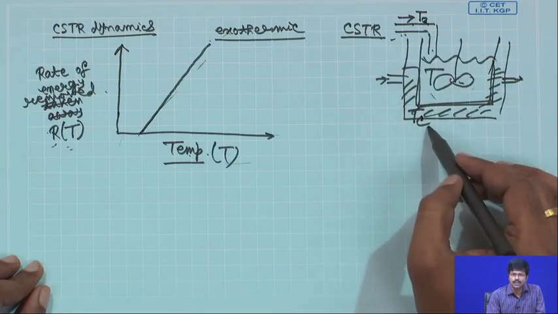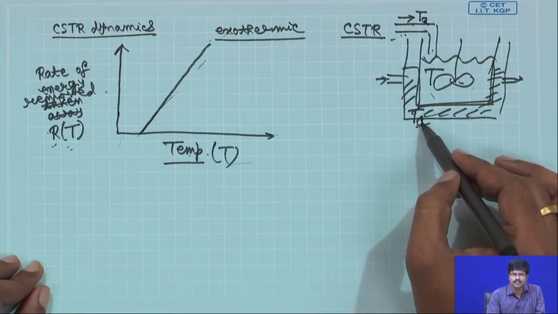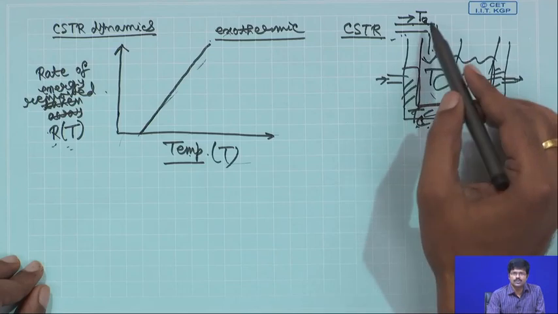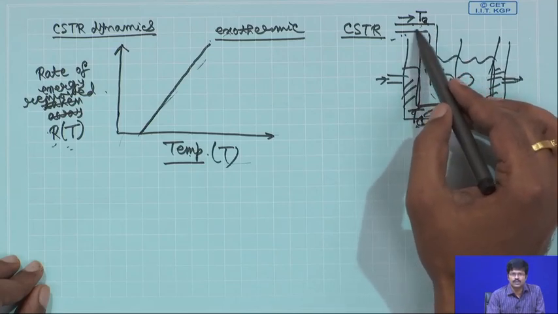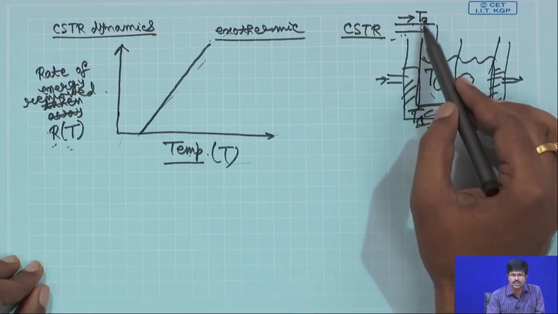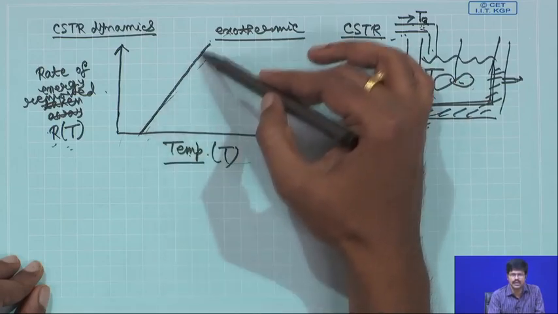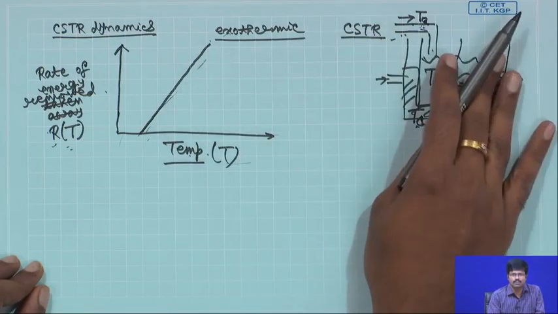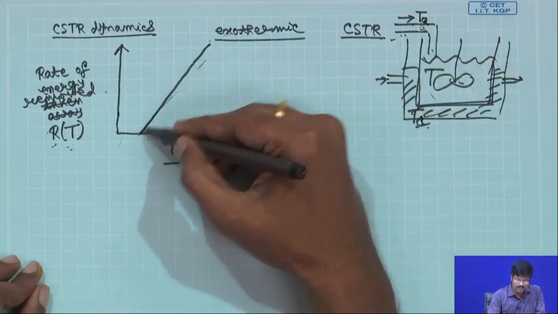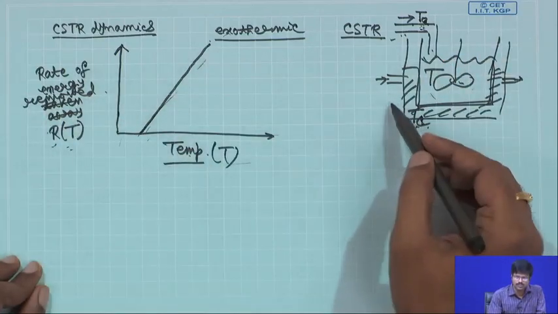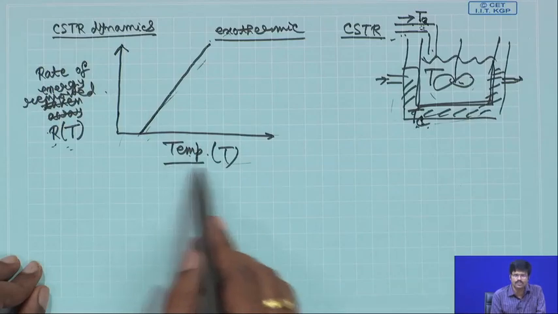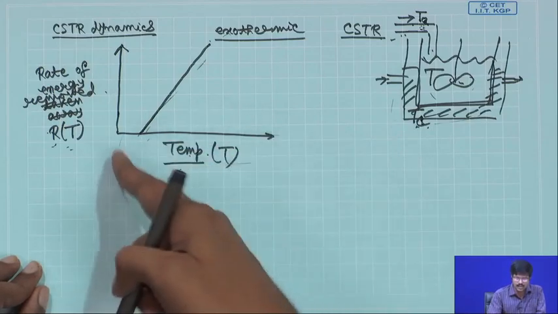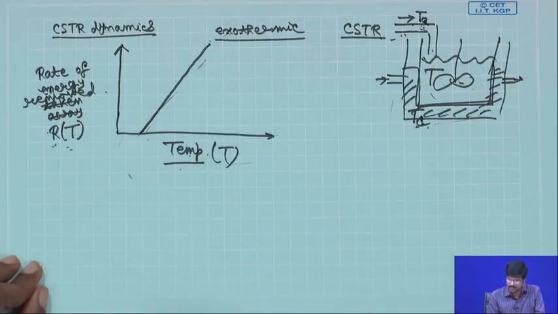The same way you can also increase or decrease this temperature. So, for different T0 values you will get different lines like this. We will come to that after. So, the rate of energy removed by the coolant varies linearly with respect to temperature.